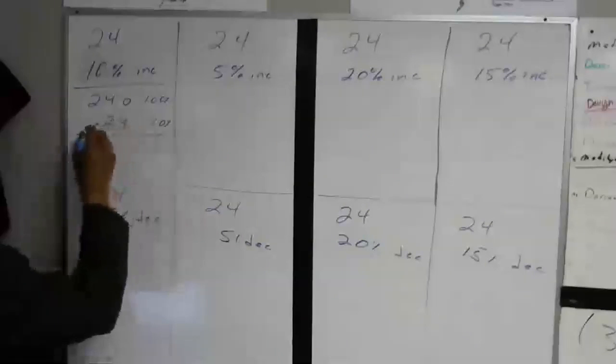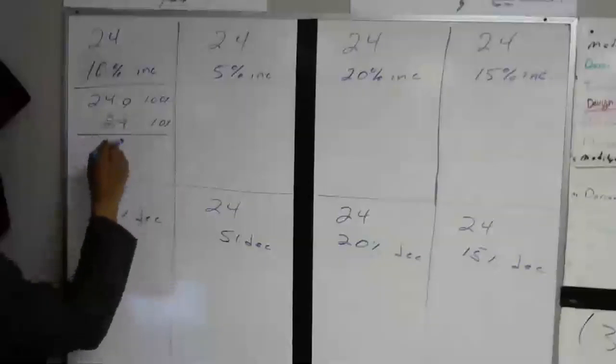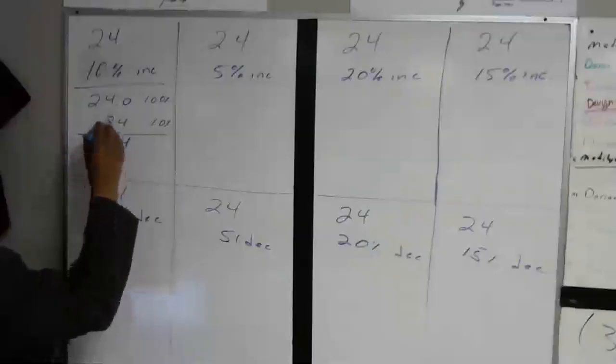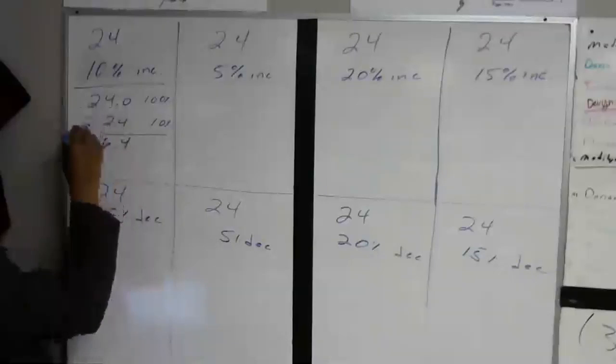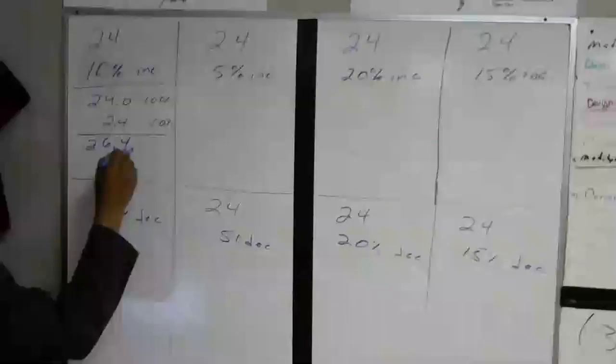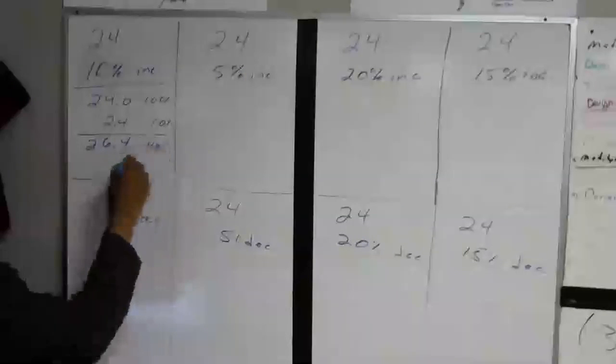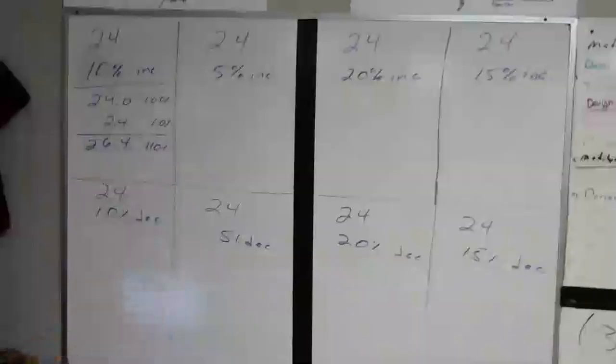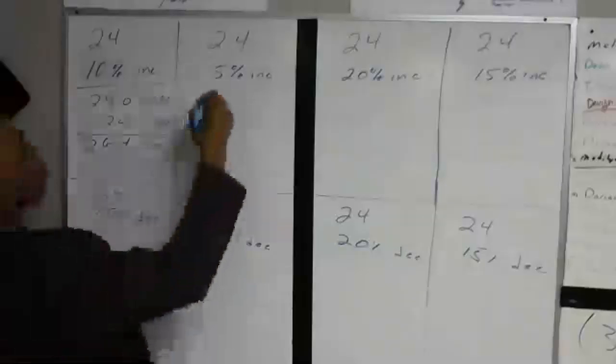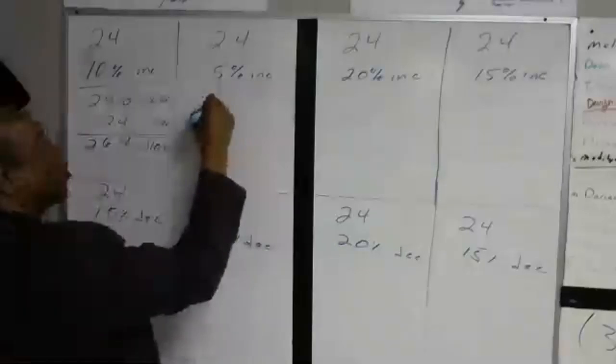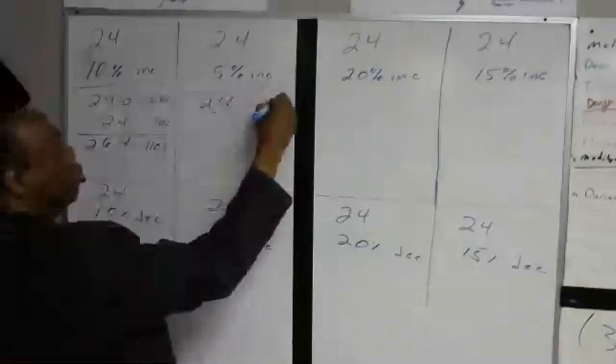Now, we can add these two to make a 10% increase. So this adds here, decimal here, 2 plus 4 is 6, 2 here, and this represents 110%, or a 10% increase. All right, let's do the 5%. And again, we'll start off with 24, which is 100%.